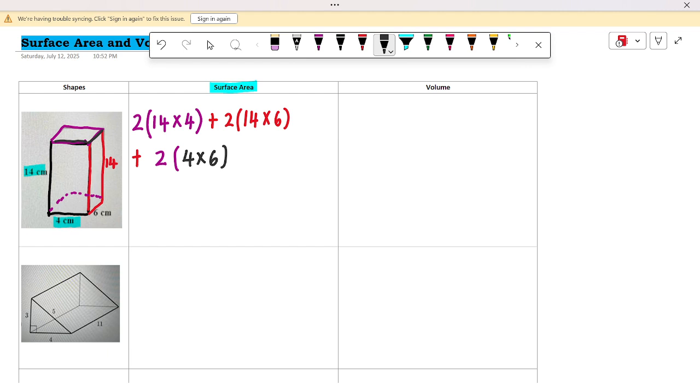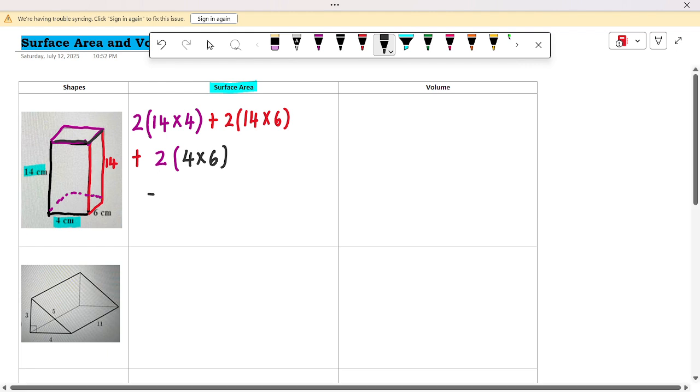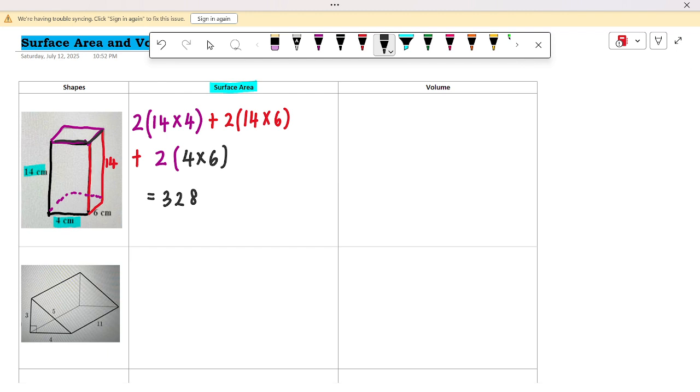You calculate the area of all the 6 surfaces, which will give you the answer of 328. So a cuboid has 6 surfaces and each surface will be counted twice because both sides are the same.